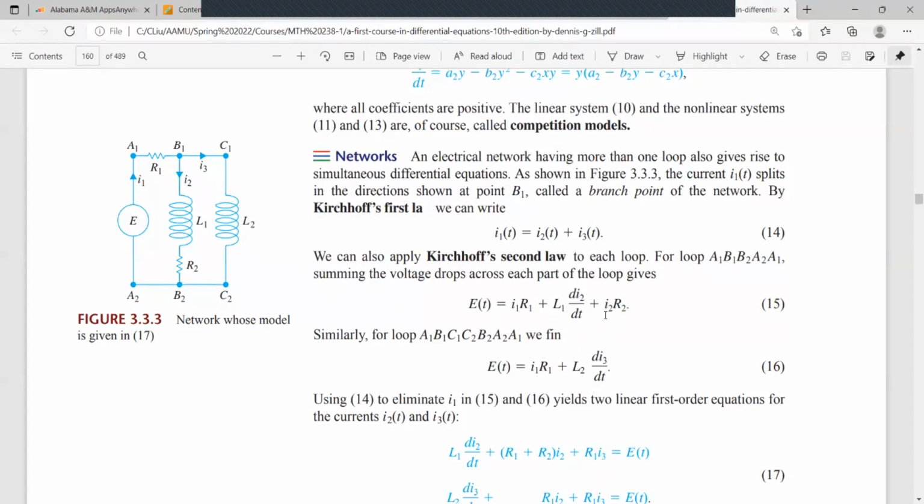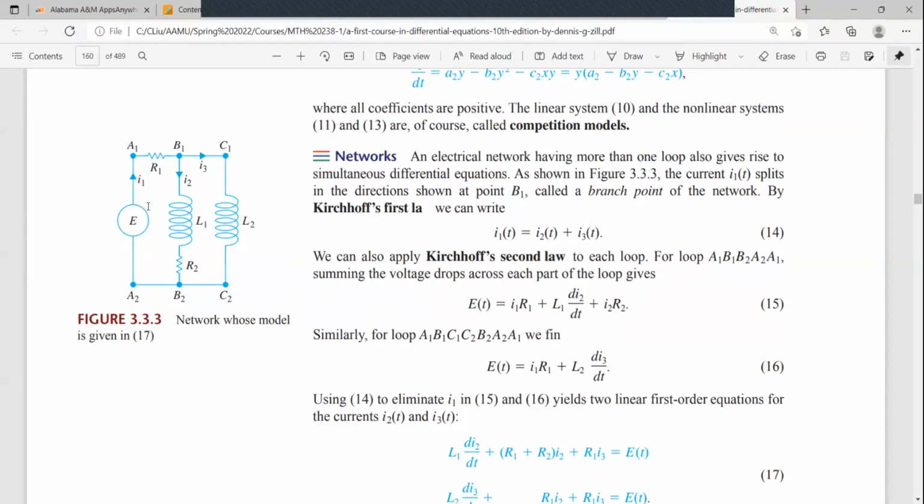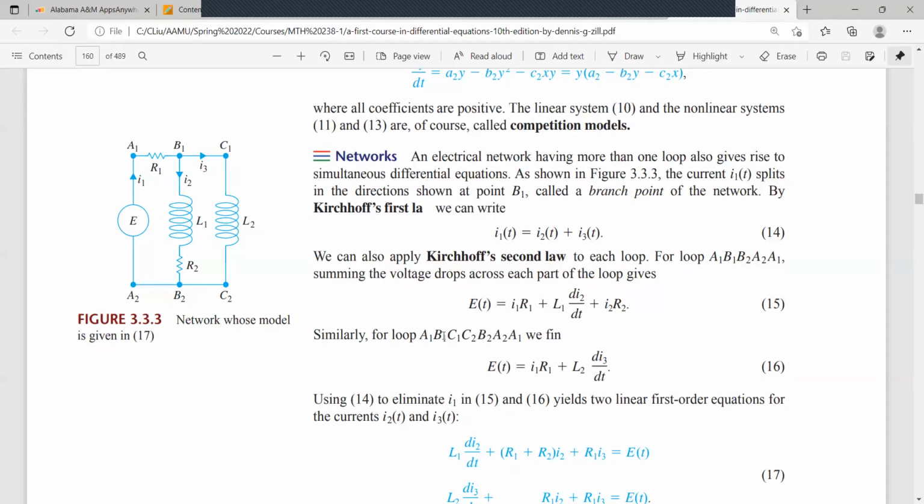Then there's another voltage drop at R2 in this branch. They add up and should be equal to the power E.